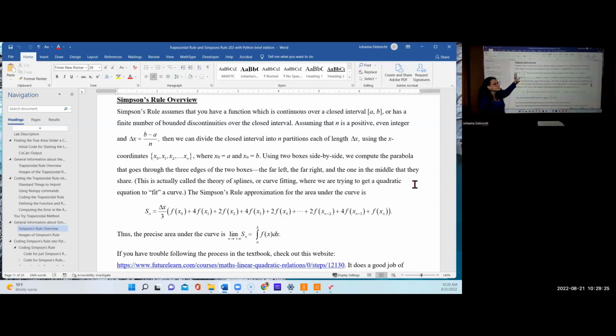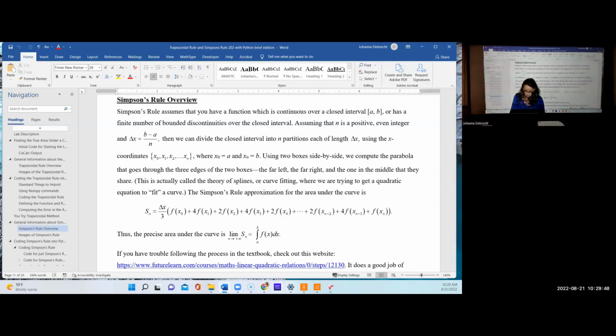Now, when we're doing Simpson's rule, we must always choose an even number of boxes, because we're going to take a pair of boxes, two subintervals side by side, and we're going to use the tops, the 3 points that intersect with the function, to calculate a curved parabola as the top of those two subintervals.